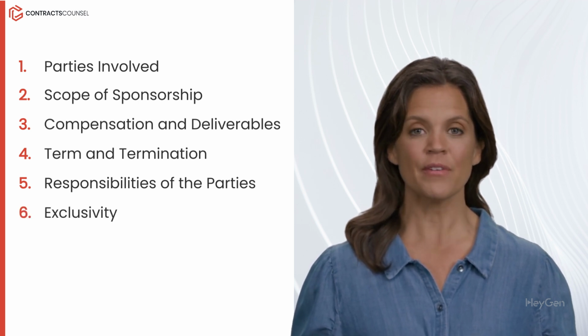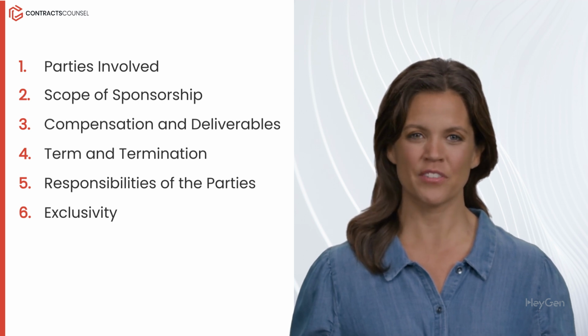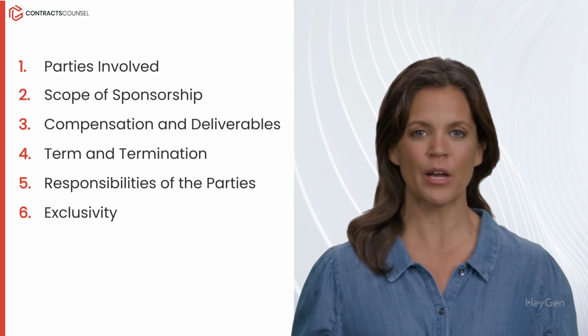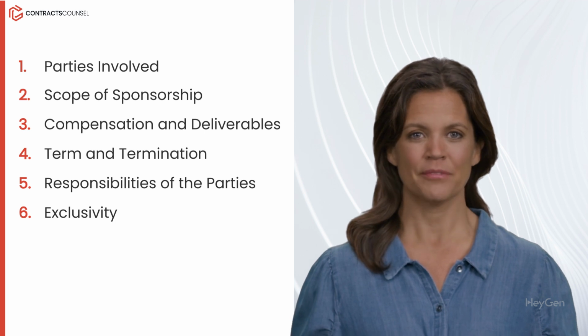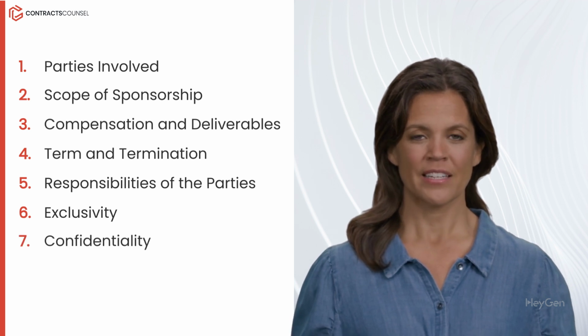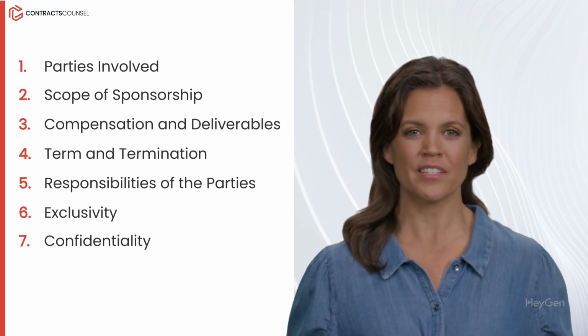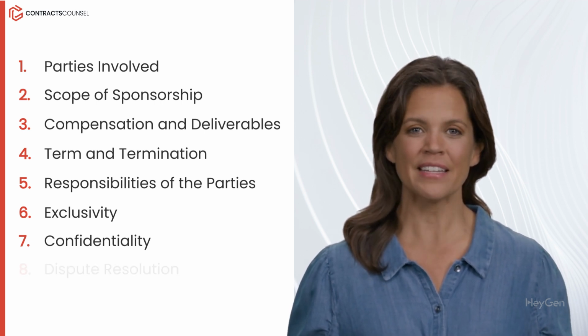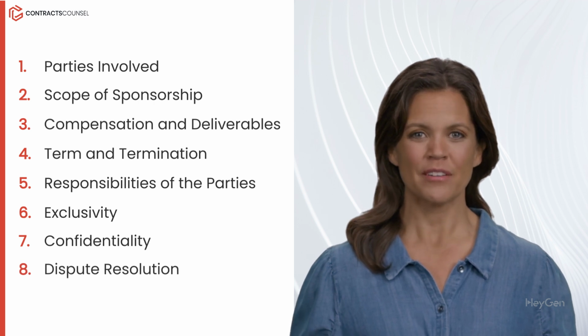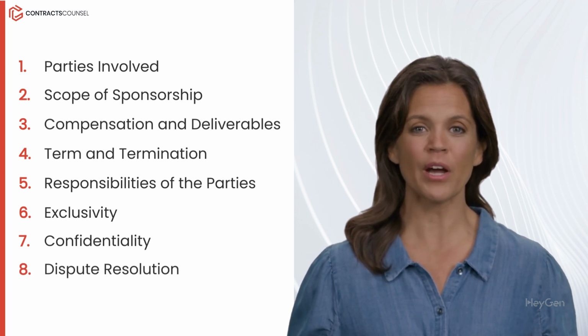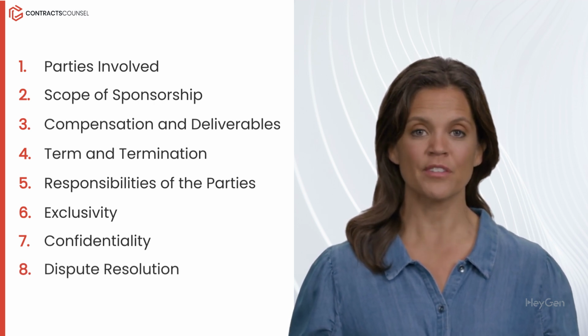This section specifies whether the sponsor will be the exclusive sponsor within a certain category or if other sponsors will be allowed. 7. Confidentiality. This section protects any confidential information shared during the sponsorship relationship. And 8. Dispute resolution. This details the procedure the parties can take in the event of a dispute.